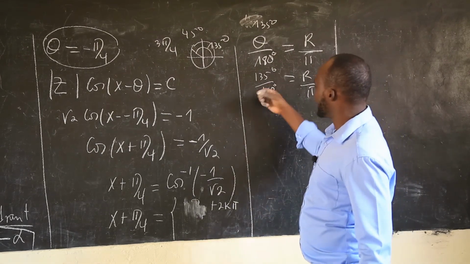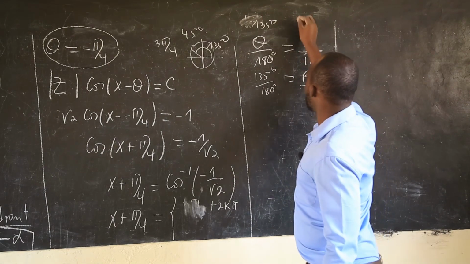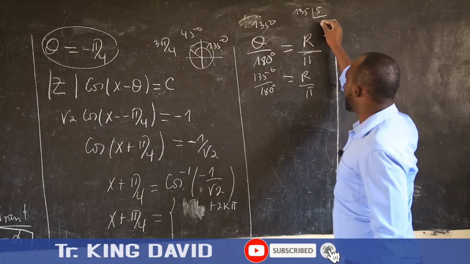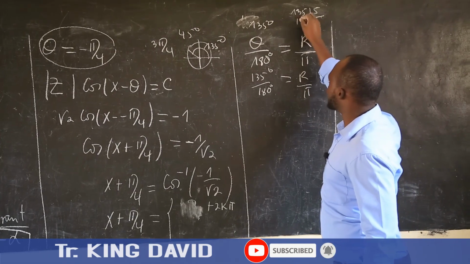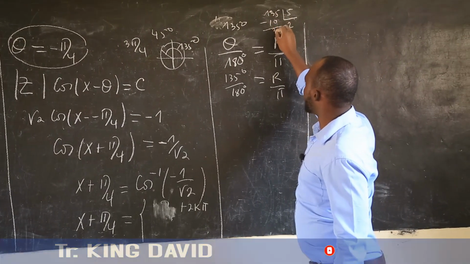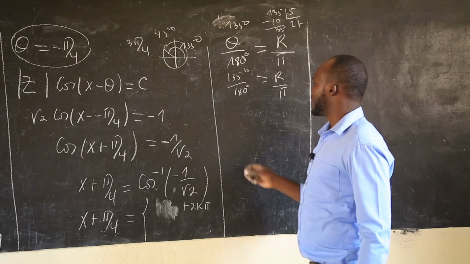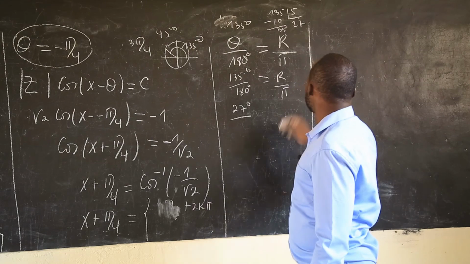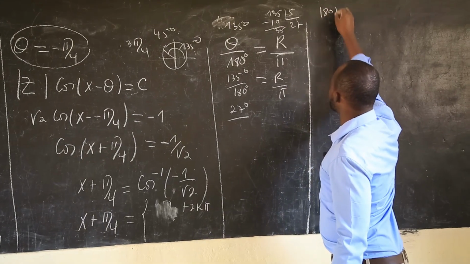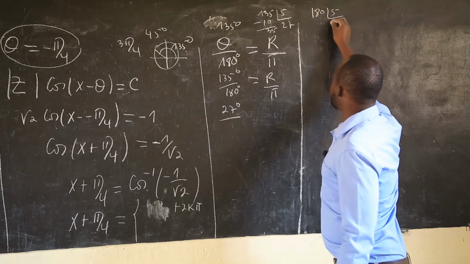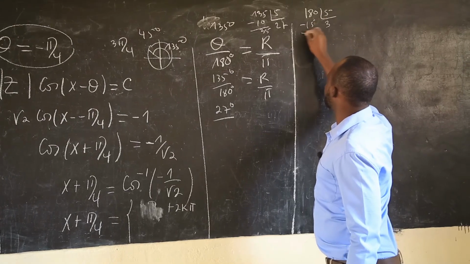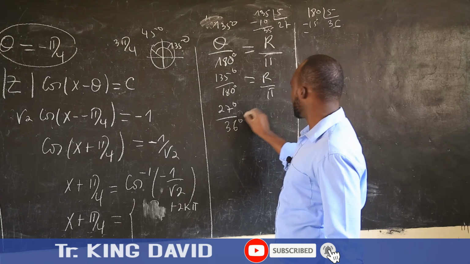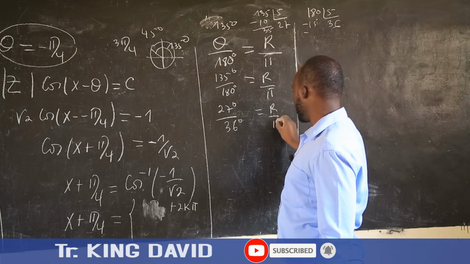Dividing by 5, 135 divided by 5 is 27, and 180 divided by 5 is 36. So 27 over 36 equal to rad over pi. Dividing by 9, 3 over 4 equal to rad over pi.